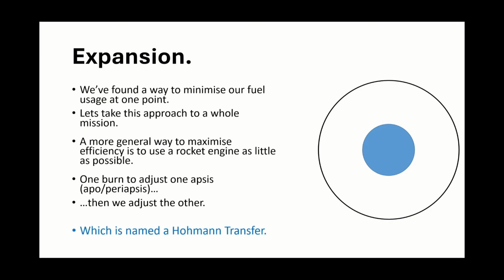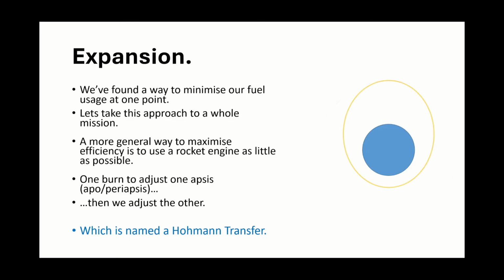It starts out with an initial orbit, then a transfer orbit, and finally our target orbit. A Hohmann transfer is generally the most efficient way to go from one orbit to another orbit. However, there are scenarios where there are other transfers that are more efficient than this.